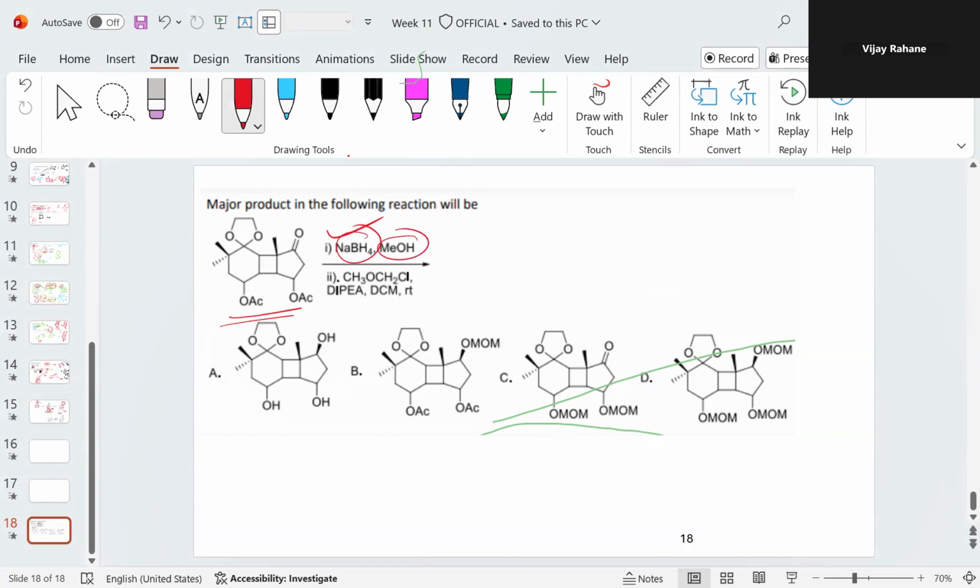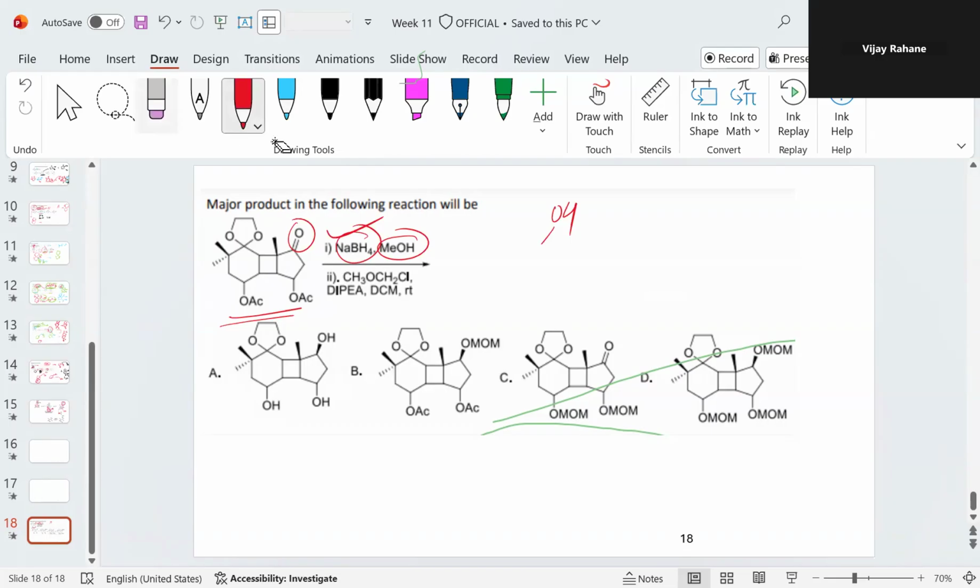So basically the reduction of the keto center here, because this ester functionality will be unreacted towards this NaBH4. So we get the alcohol there. However, in this case, the stereochemistry of the alcohol is more important.